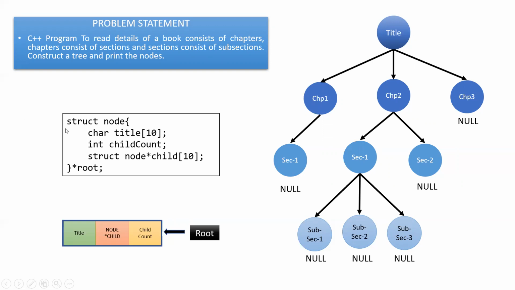And here the pointer array we have taken, struct node pointer child of 10. I have taken a random size like 10 here, because we want to attach more than one child for each and every node. So here the pointer array is required. As it is not related with a binary tree, it is related with a general tree, we need a pointer array. So this is the node structure actually.